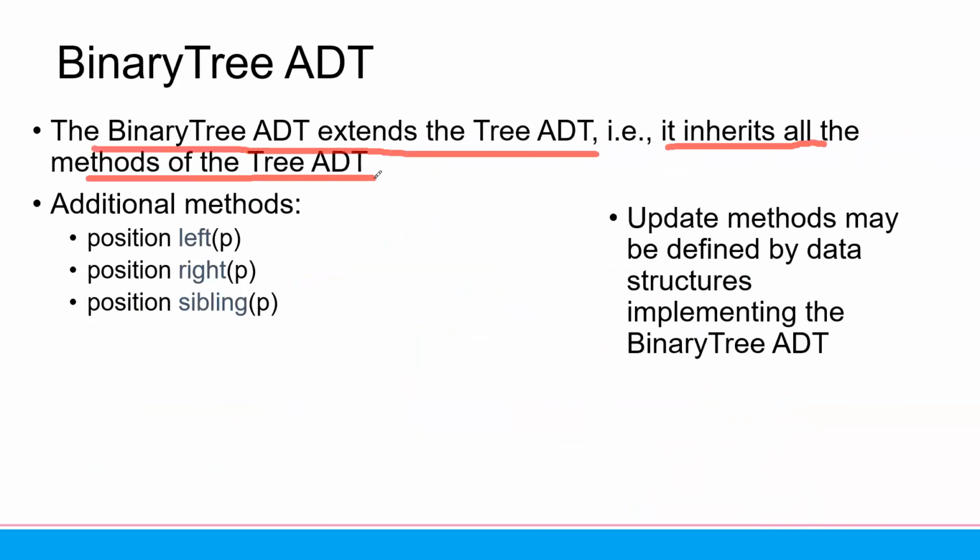So it means we can also extract the position, the length, the iteration. But there will be some additional methods to check what is the left of P, what is the right of P, and what is the sibling. Do you know what a sibling is?